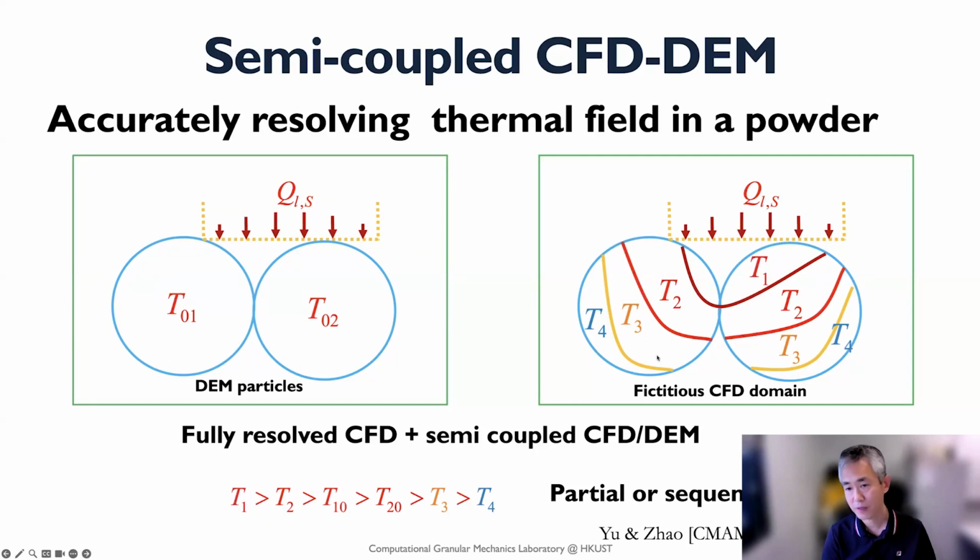We construct a fictitious CFD domain, so these are the two representations, a particle and a CFD cell, occupying the same volume. Because with CFD itself we can resolve this temperature field more accurately, more conveniently and efficiently than using DEM.